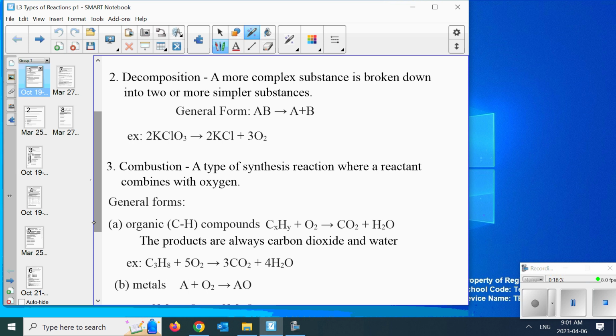Now, combustion is a type of synthesis where a reactant combines with oxygen. I think you've heard the word combustion before. Usually you just say burn, right? And in your body, there's slow burning with oxygen that doesn't reach fire levels. What do you call that when you are burning oxygen in your body?